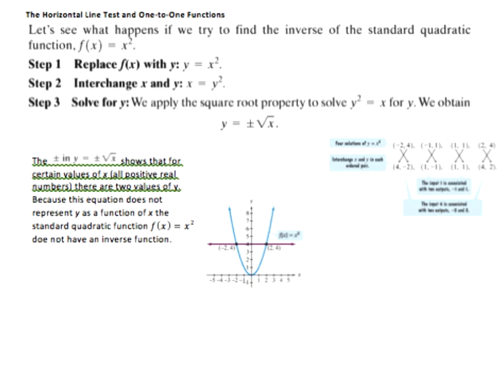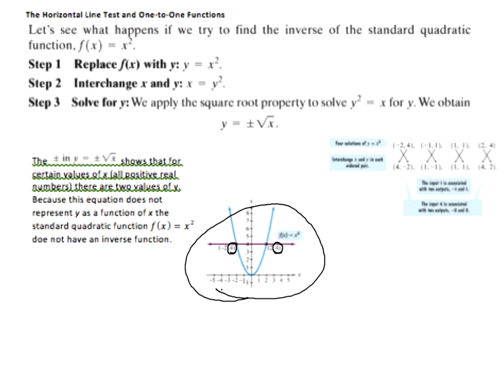So it's sort of the opposite of the definition of a function. Just to give you an idea, the parabola is not a one-to-one function because notice I have two input values for the same output value of 4 there.